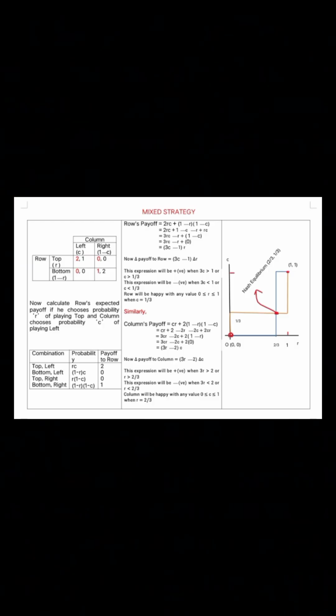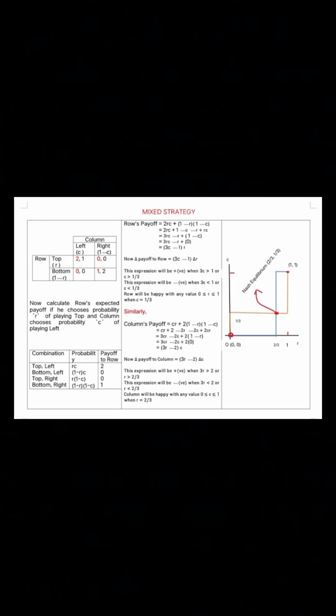Let us start with row. If column chooses 0, please look at the graph. If column chooses 0, row will want to make R as small as possible. This means when C is equal to 0, then R is equal to 0.